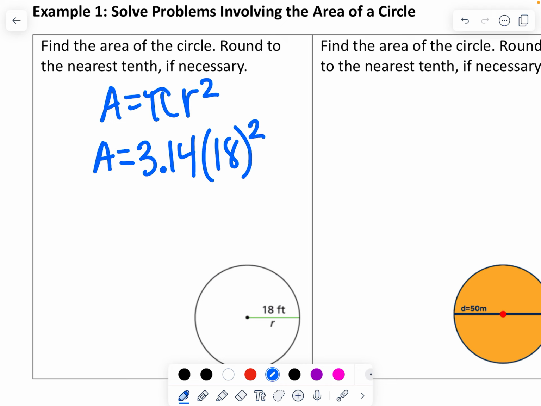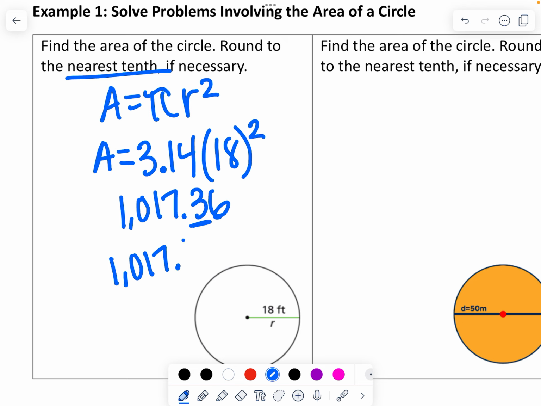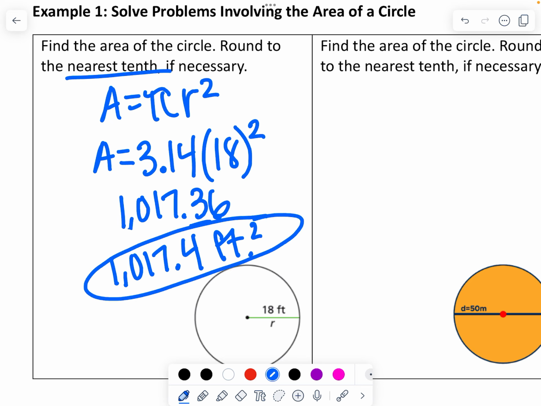I would put that whole thing in my calculator, but make sure the square is on the 18. So I'd do 3.14 times 18 squared in my calculator, and I would get 1,017.36. We need to round to the nearest tenth, so that's 1,017.4 feet squared. Remember, if we're finding area, we have to square our label.